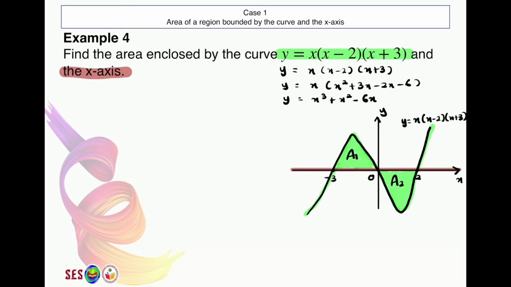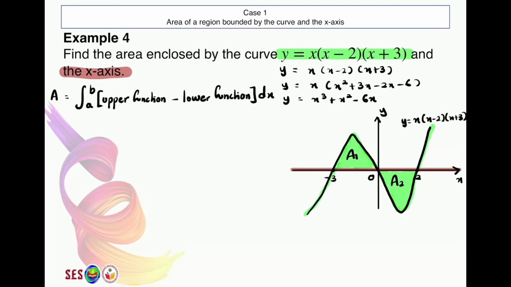If you remember, the formula of area would be from a to b, the upper function minus the lower function, and you integrate them with respect to x. So you put here dx. This is how you find the area.